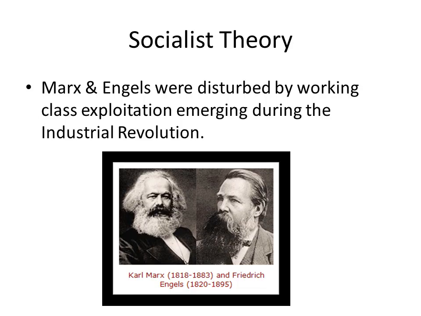All right. Now let's move to socialist theory. So Marx and Engels, Karl Marx, Friedrich Engels, were in the early to mid 19th century very, very disturbed by the working class exploitation, which began during the Industrial Revolution.